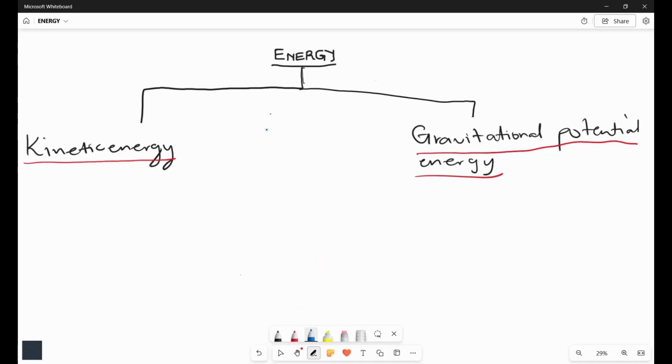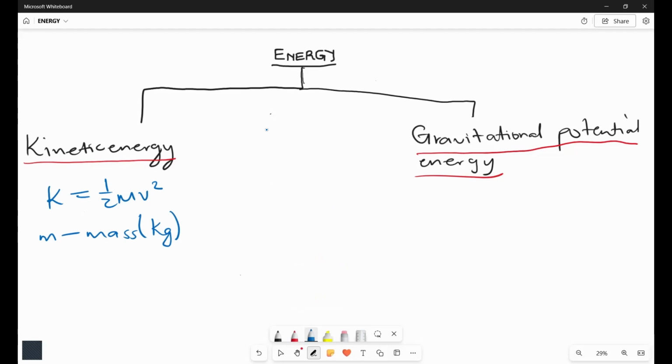It's a matter of preference. Kinetic energy is given as half mv squared, where m is our mass measured in kilograms. I also mentioned on our previous video that in physics, we measure mass in kilograms, but in chemistry, we measure mass in grams.